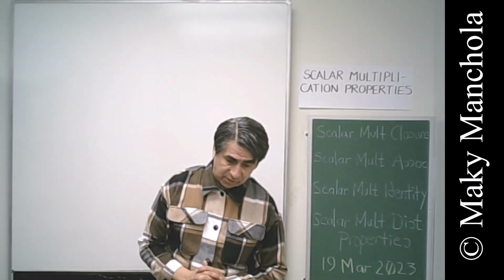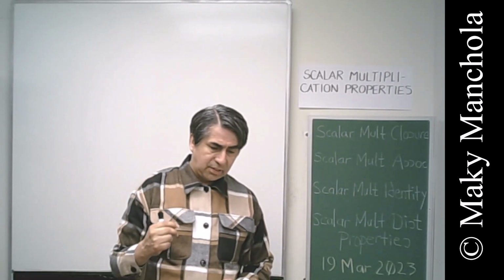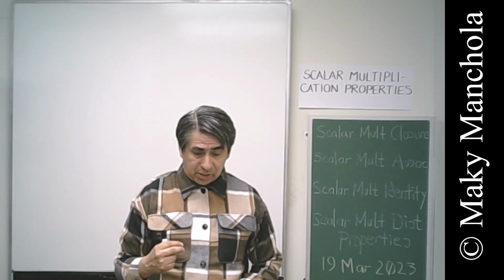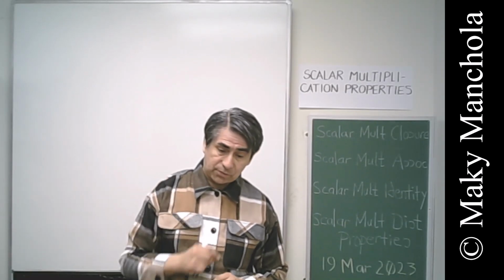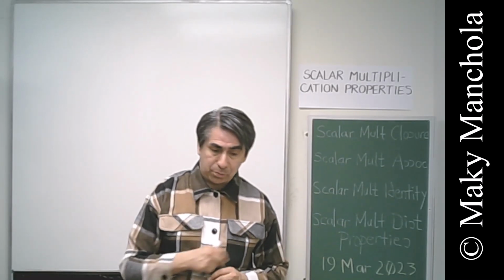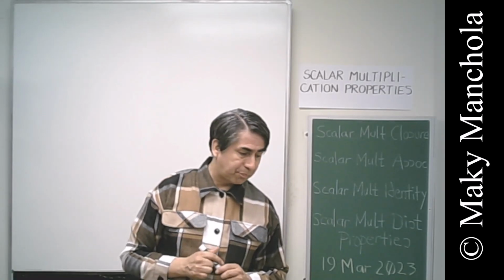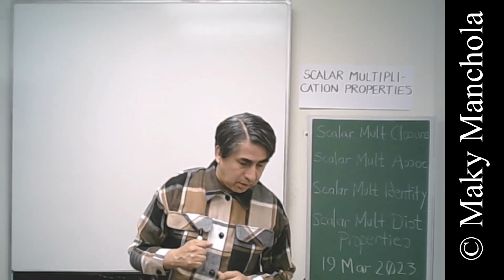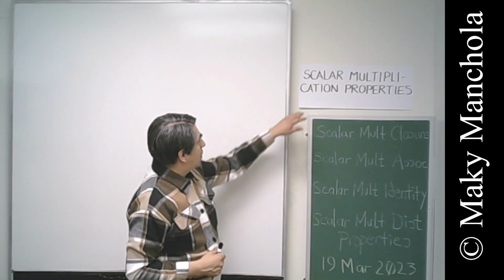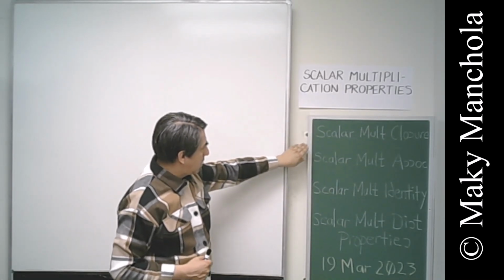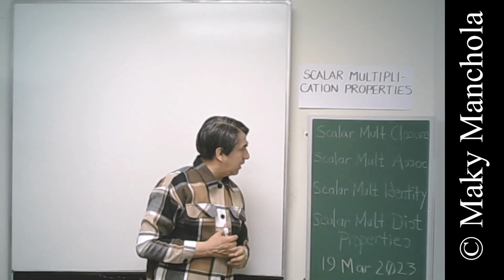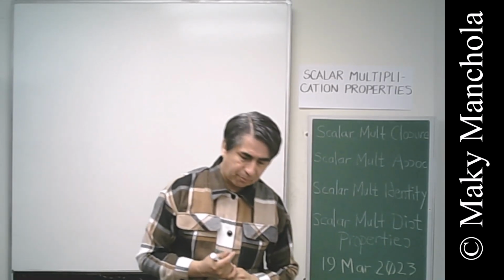Let's verify that scalar multiplication of real constants by continuous functions on a closed interval from a to b satisfies all scalar multiplication properties. Let's begin with scalar multiplication closure.